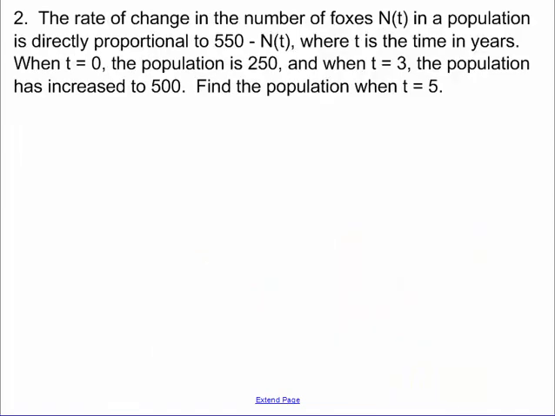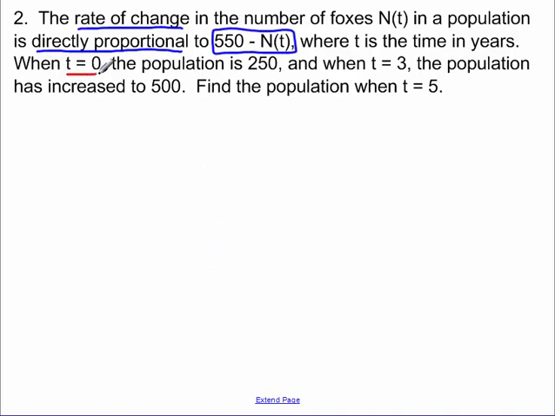Now this other one is a little bit more complicated and gets to be some interesting math, but honestly there's just a little bit of calculus and then a lot of pre-calculus to it. And there's a whole bunch of steps to this. So let's break down this question. The rate of change of the number of foxes, n of t, in a population is directly proportional to this expression, where t is time in years.